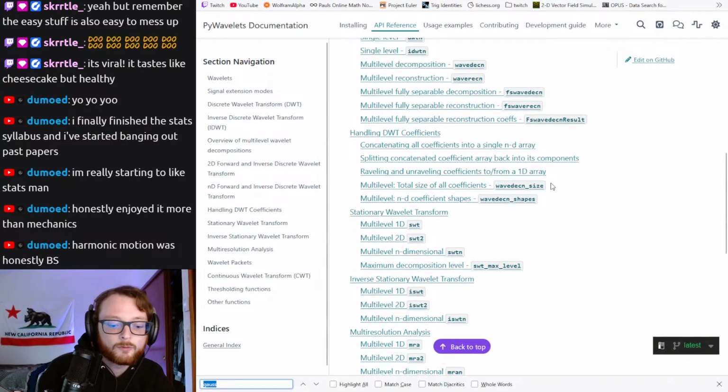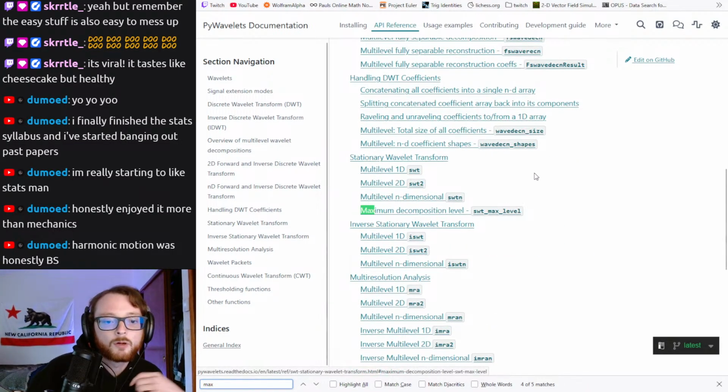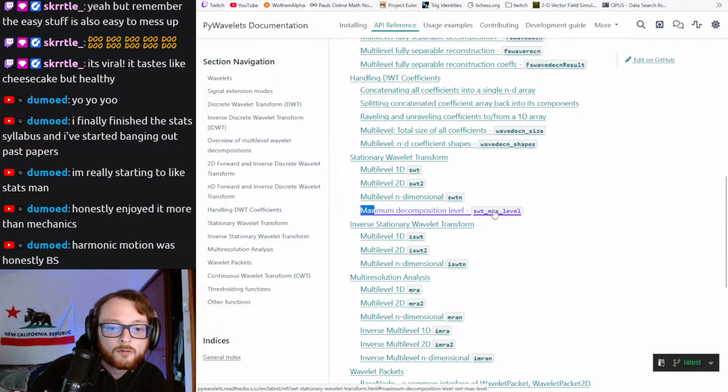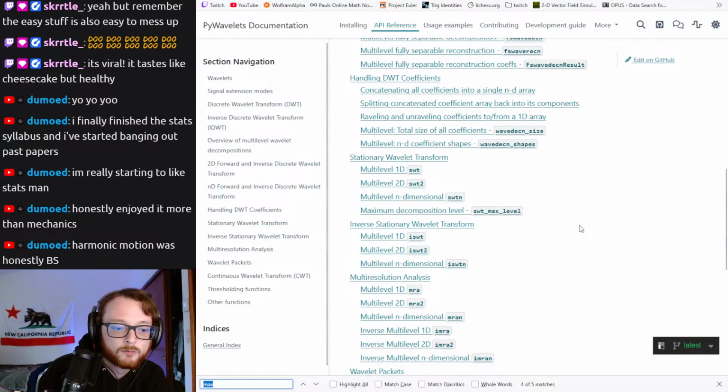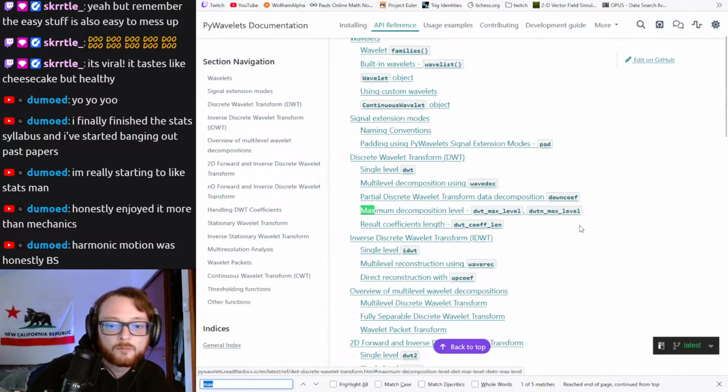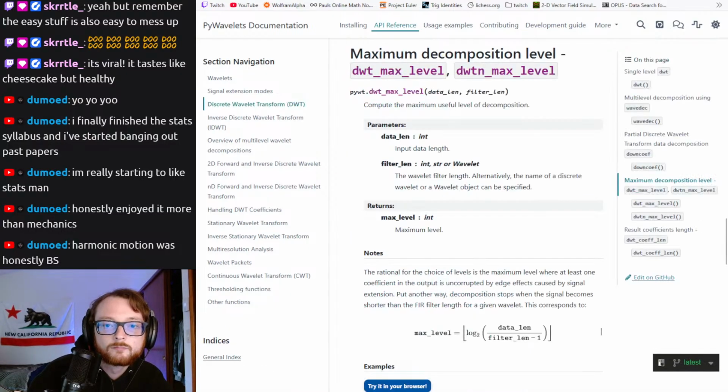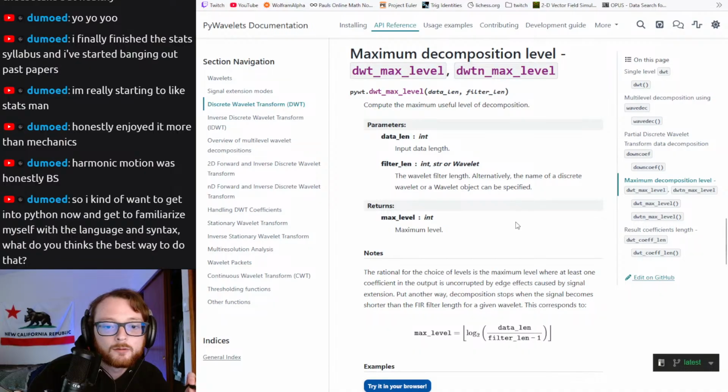Okay, what is the max? Wait, SWT max level. Well, DWT max level. There we go. The maximum useful level of, okay.